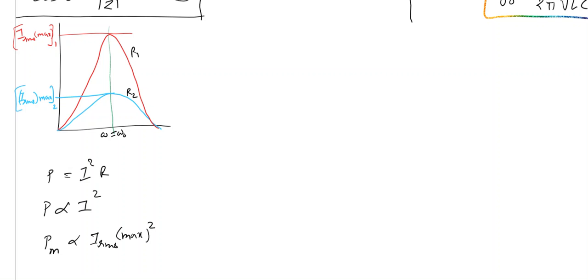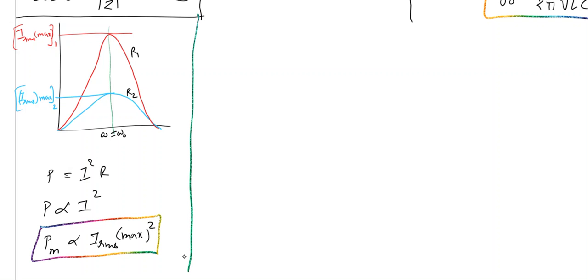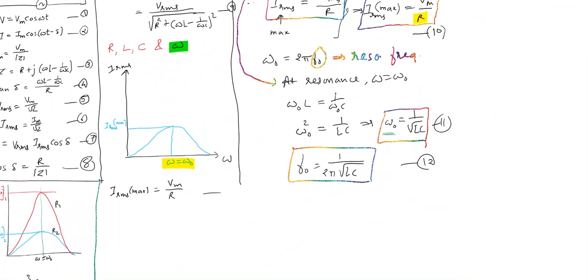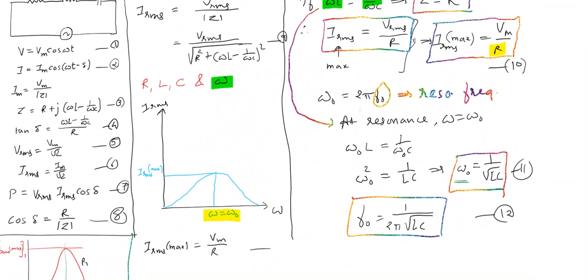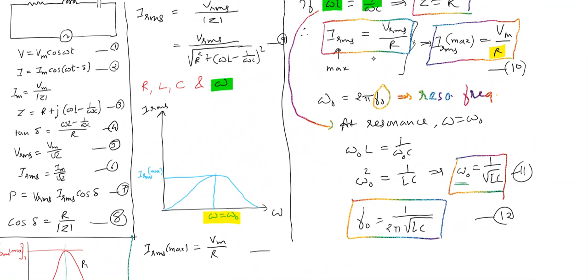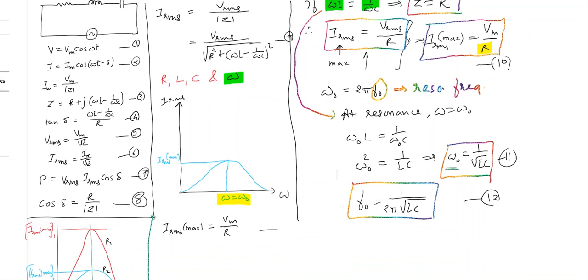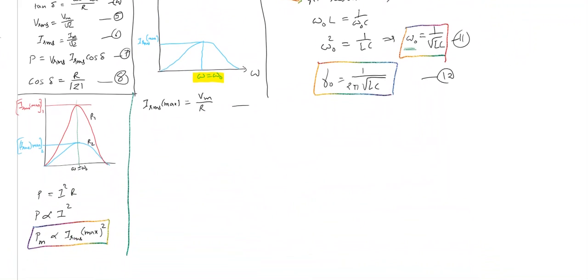And don't forget, what is IRMS max? IRMS max is the maximum value of IRMS. When you are talking about resonance, at that time you have only R. Okay, so don't forget it. It is our previous equation. I have not given it any number. Let us label it as equation 13.